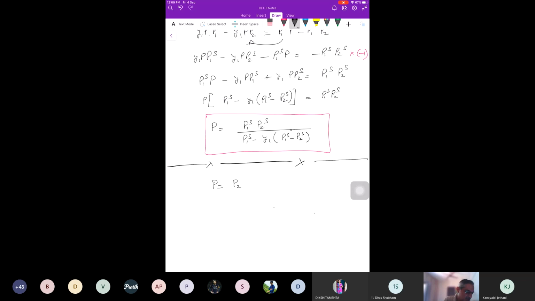P2S plus P1S minus P2S into X1. And what is Y1? Y1 P is equal to X1 P1S, right? Y1 is X1 P1S divided by P. So what we can do is we can write P is equal to X1 P1S upon Y1, right?